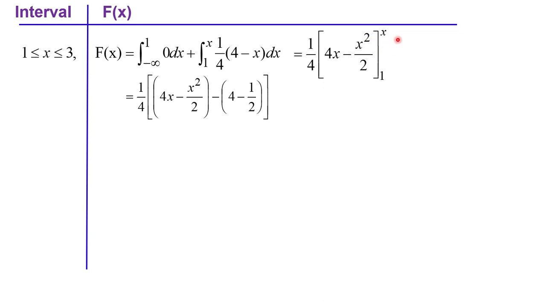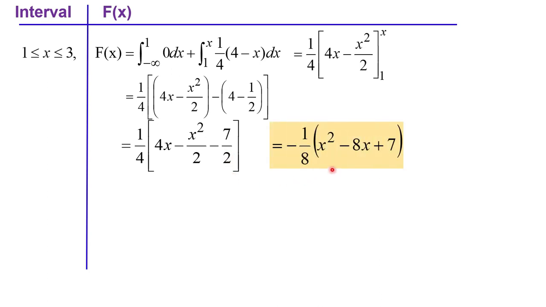Then we substitute the value of x minus the value of 1, and the answer is 1 over 4 times (4x minus x squared over 2 minus 7 over 2). Simplify to get this form: negative 1 over 8 times (x squared minus 8x plus 7).